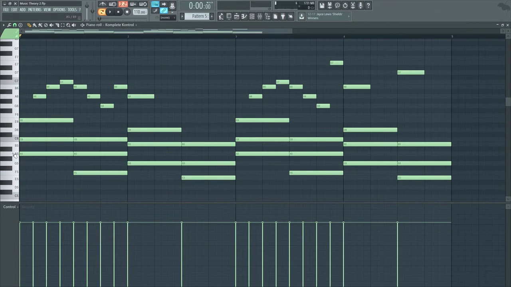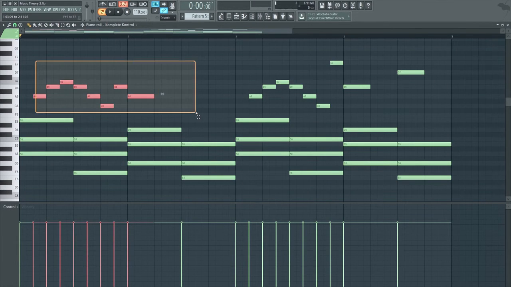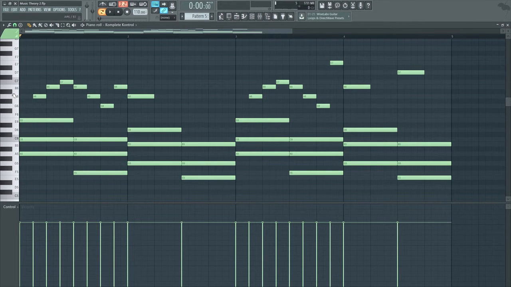Because the distance between the root and the third is 3 semitones. So that's going to sound sad straight away. And in the melody, we're focusing on the minor third elements again, because we're moving up in a minor third relationship, and we keep going around these notes. So that's why it's going to sound sad.